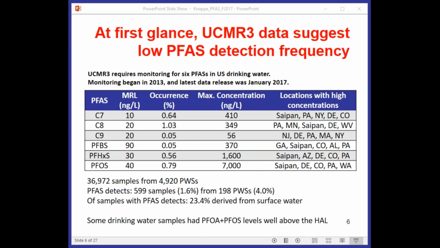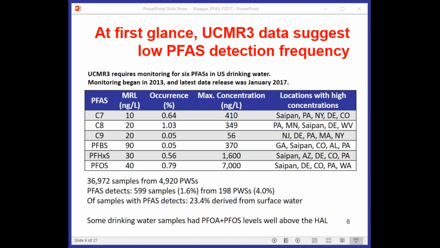So the most recent UCMR3 data release was in January of this year. And for the PFASs, this data set contained information from 36,000 plus samples, almost 37,000, that were collected from almost 5,000 public water systems. And if we look in aggregate, PFASs were detected in only 599 samples, which is 1.6% of the total.